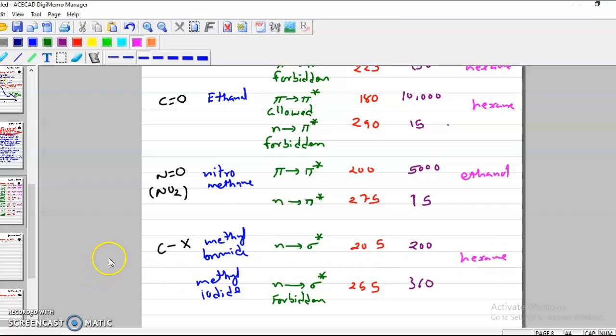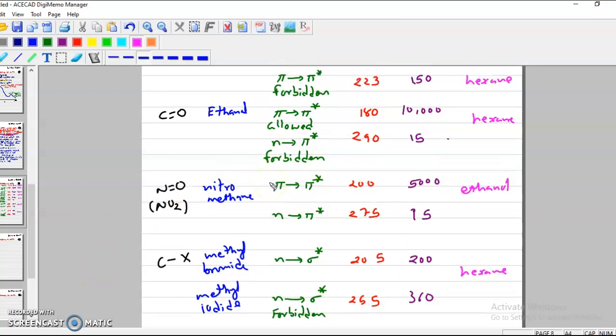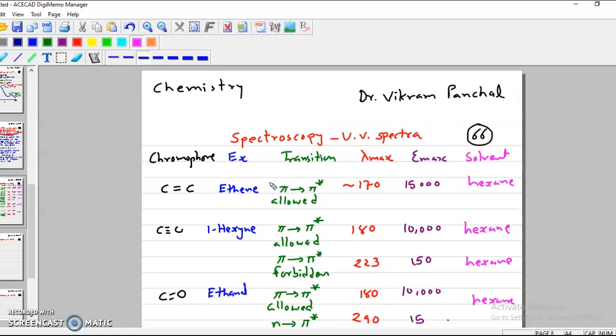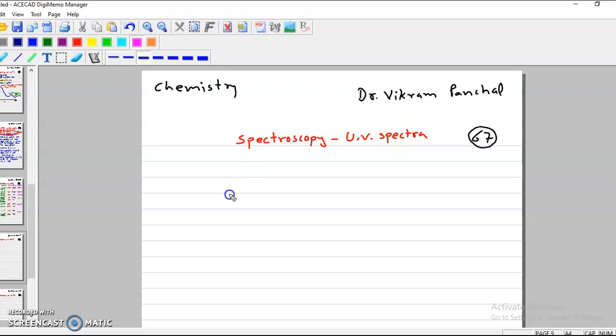So this way it is possible to explain all different types of chromophore and what could be the value of epsilon maxima with reference to this.